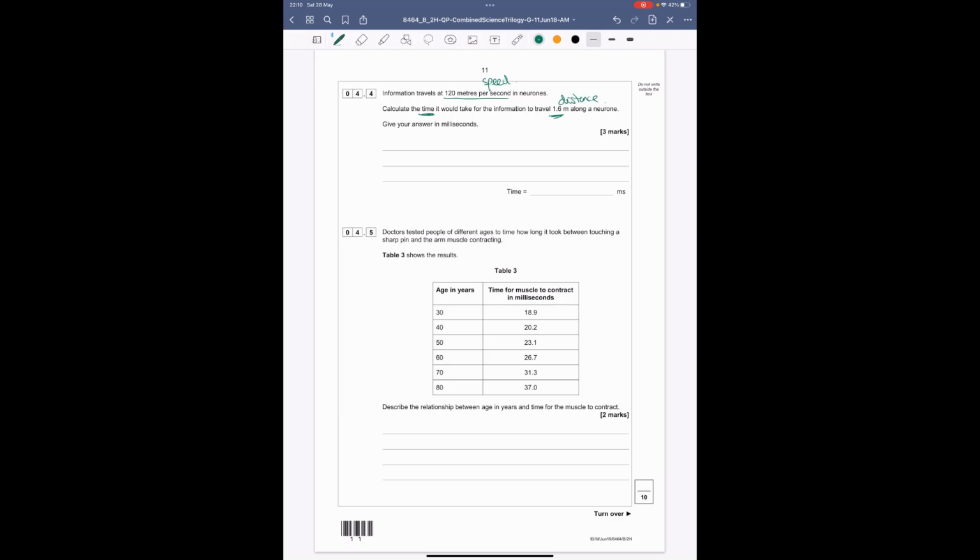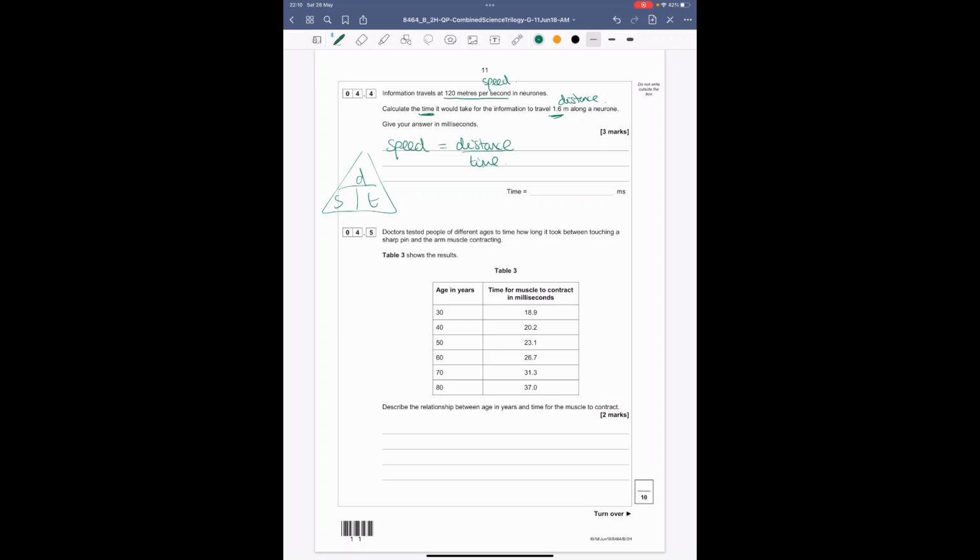So hopefully you remember the classic equation that you should have done since key stage 3. Speed equals distance divided by time. They're asking you to calculate the time and they've given you speed and distance. So I can rearrange this equation or put it into the speed triangle.